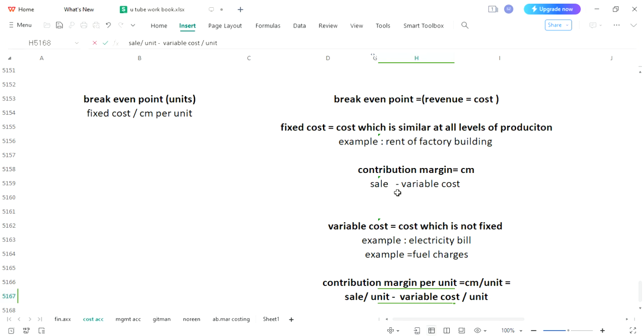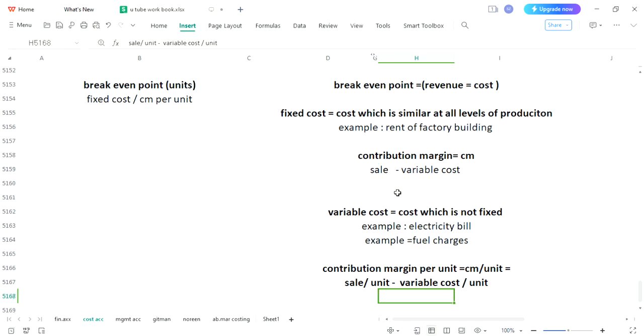In this way, you will be able to calculate your contribution margin per unit. So finally, fixed cost is a cost which will never be altered. We have discussed CM per unit: sale per unit minus variable cost per unit, and the difference is contribution margin per unit. We are now able to calculate our break even point.